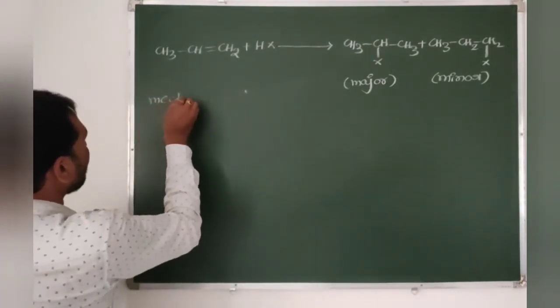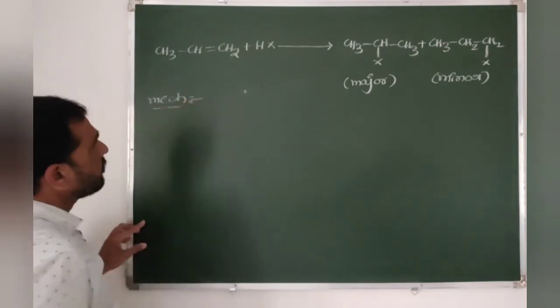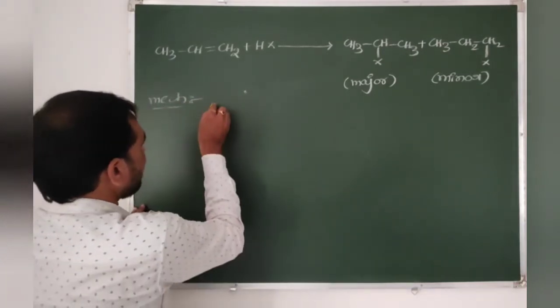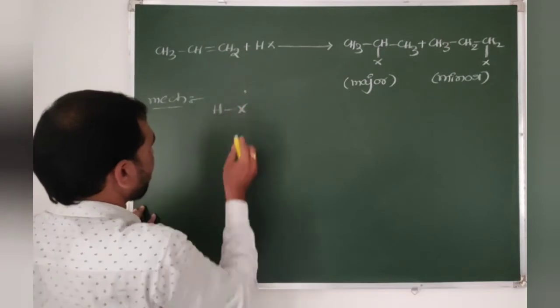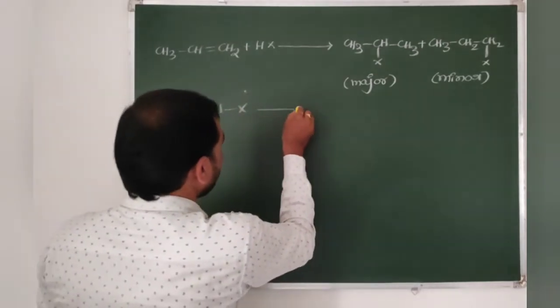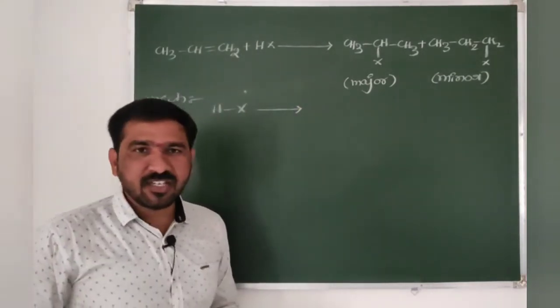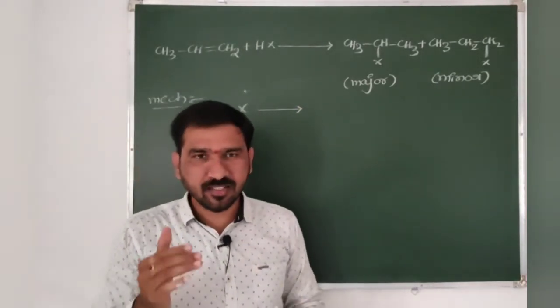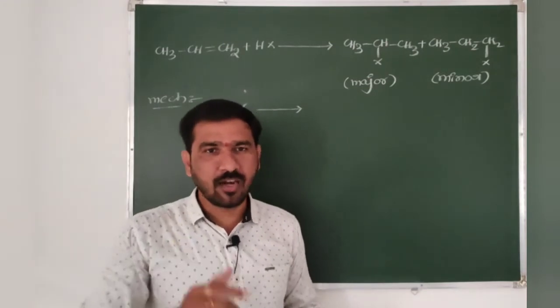If you see reaction mechanism, this HX, like this, one bond is there between hydrogen and halogen. Due to electronegativity difference, hydrogen is less electronegative atom than halogen.